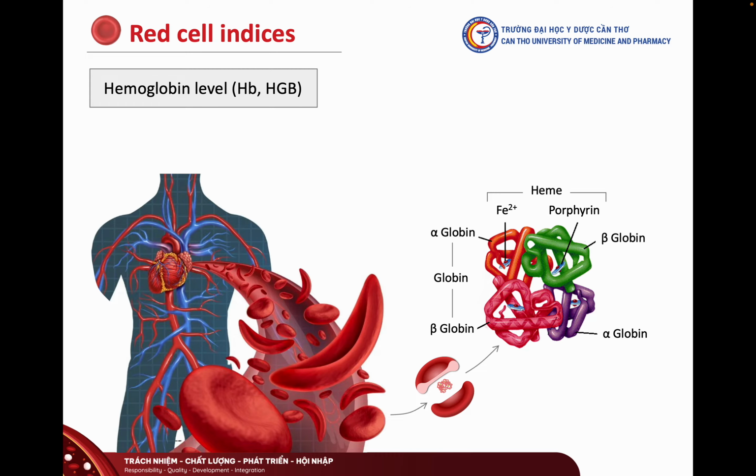The heme group contains iron and a porphyrin ring. The globin part is made up of two alpha and two beta chains. This structure will be important later when we discuss the conditions of anemia related to hemoglobin synthesis.